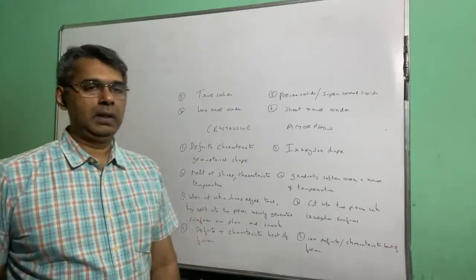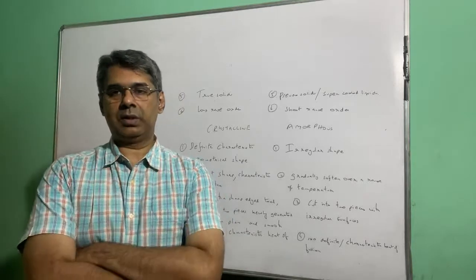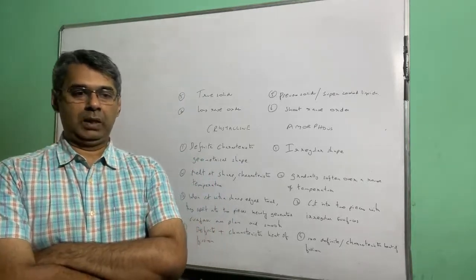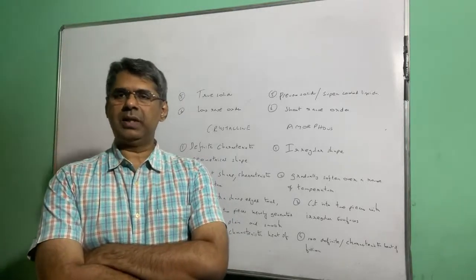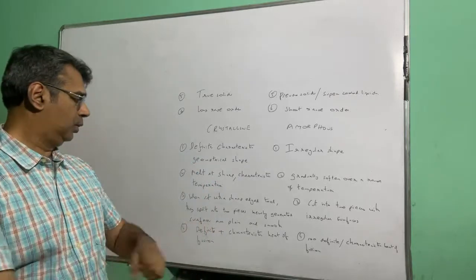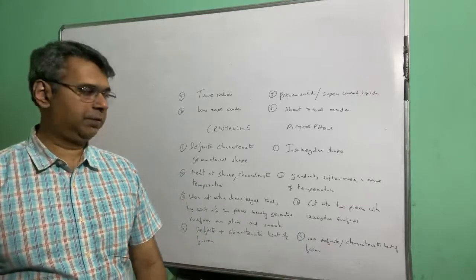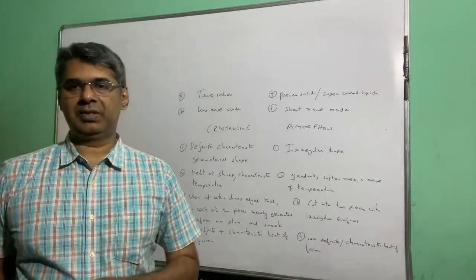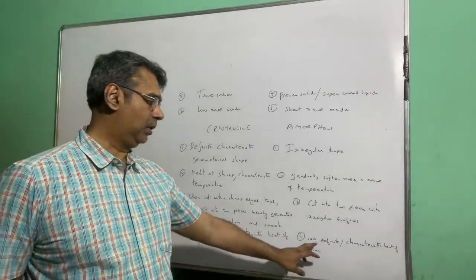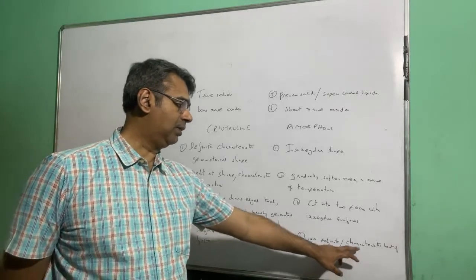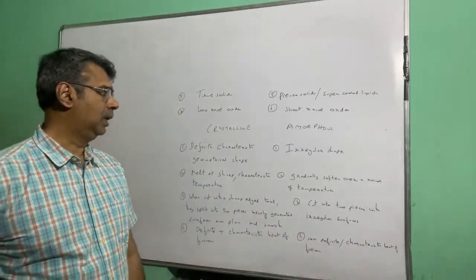Number four, you know that whenever a solid is melting, there is enthalpy of fusion, or you can just say heat of fusion. So there is a definite and characteristic heat of fusion or enthalpy of fusion associated with crystalline solids. Whereas amorphous solids do not have any definite or characteristic heat of fusion.